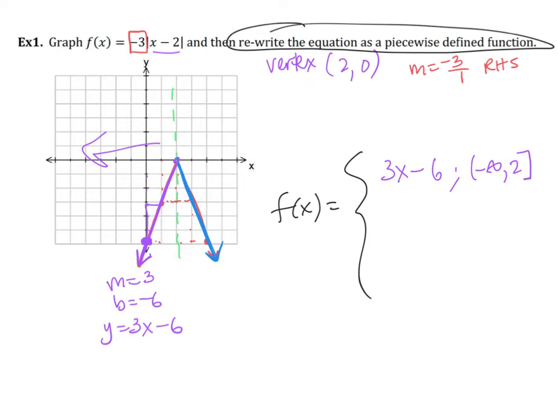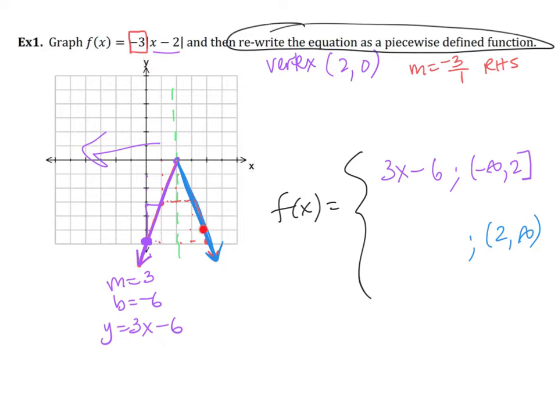Now, if I include the 2 here, then I cannot include it in my blue portion of the graph. So the blue portion is going to go from 2 to infinity. I went from negative infinity to 2, and that's going to be this purple graph.